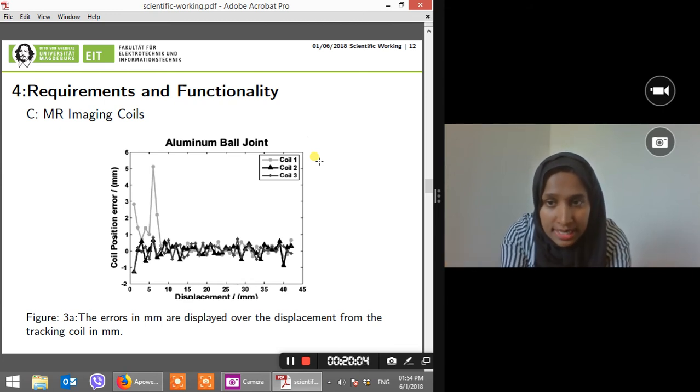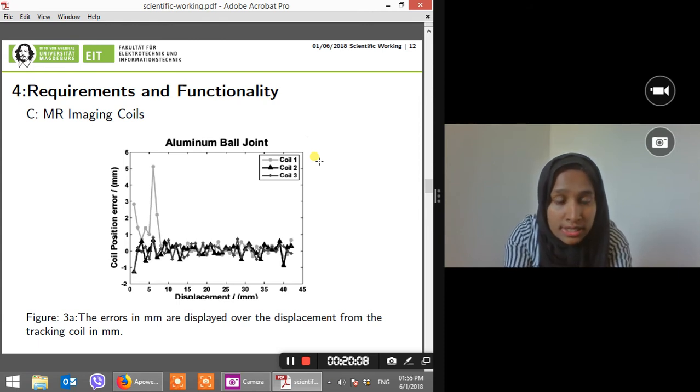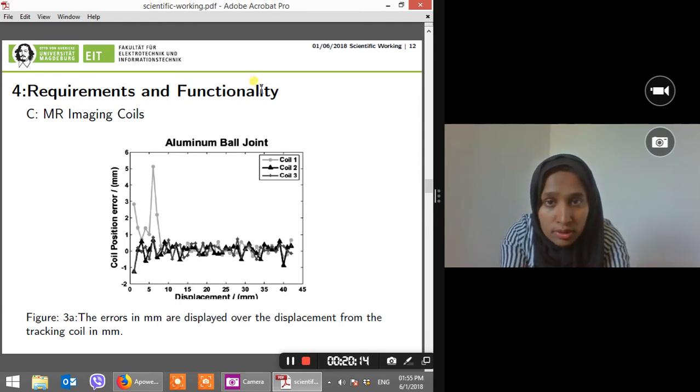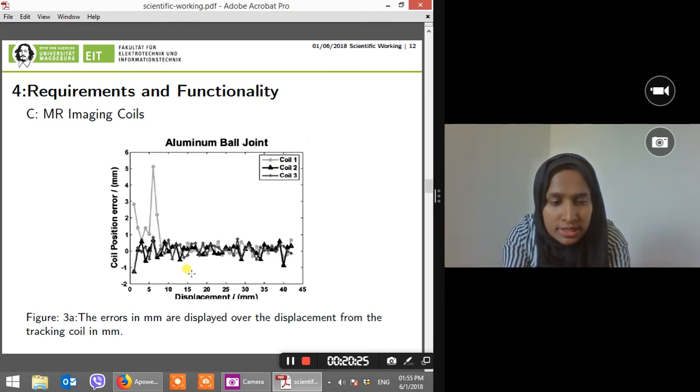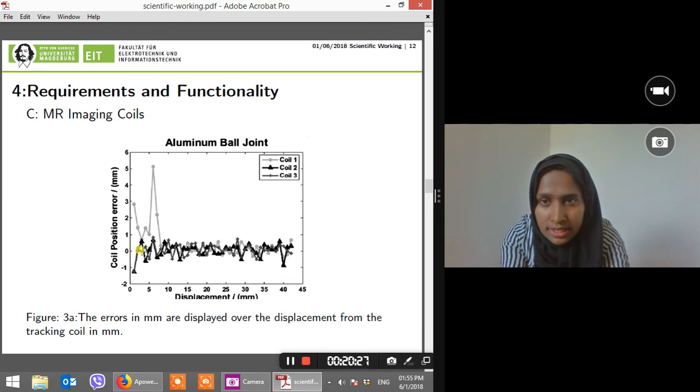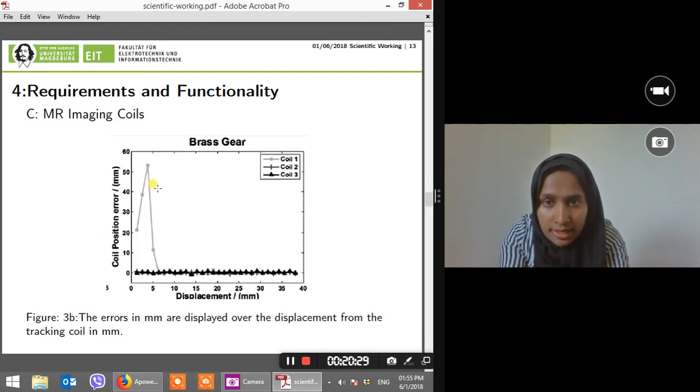So in this, the errors in millimeters over the displacement of the tracking coils are observed, and you can see that only coil 1 initially is facing metallic interference, so the graph is going quite higher.